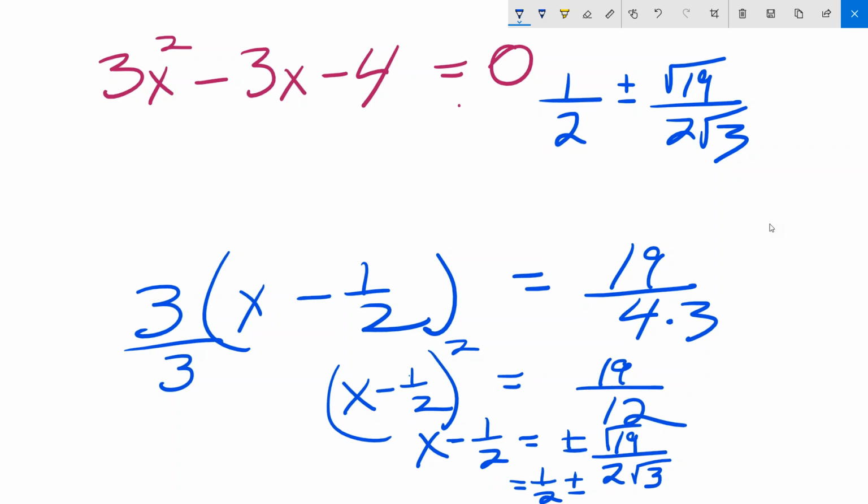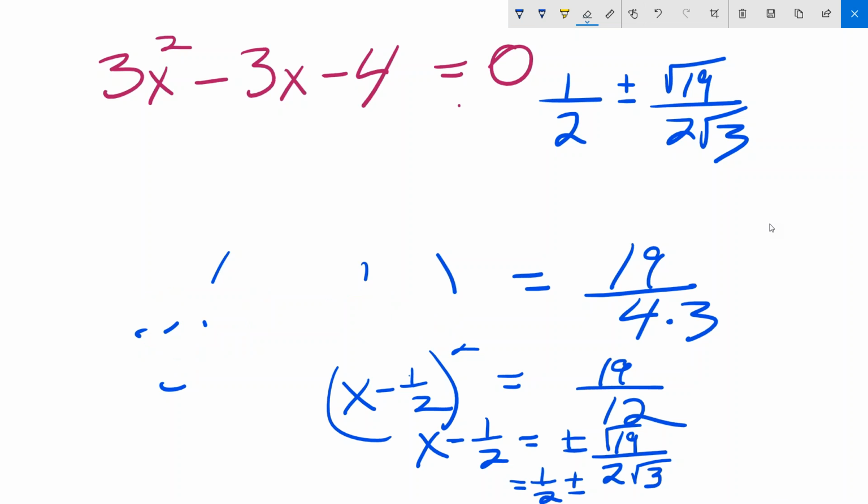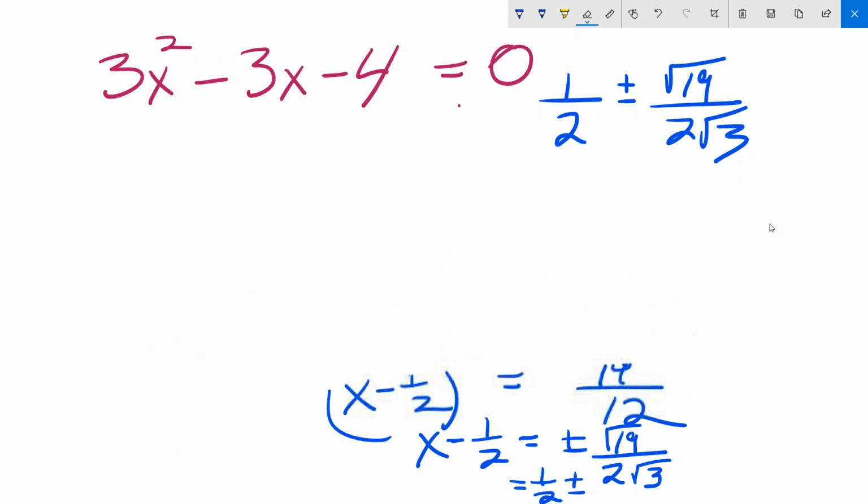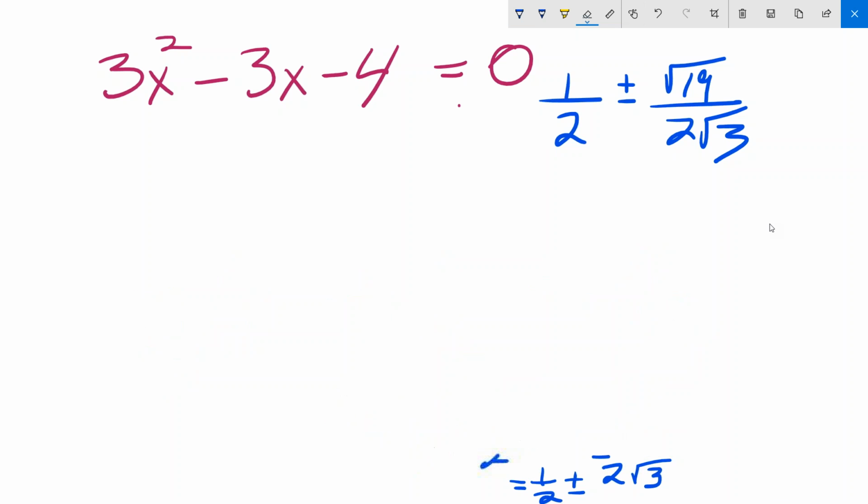What's wrong with that answer? It's got an irrational denominator. The root 3 is a divisor, so you want to rationalize that.